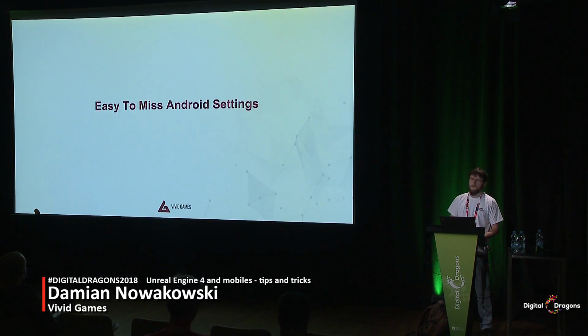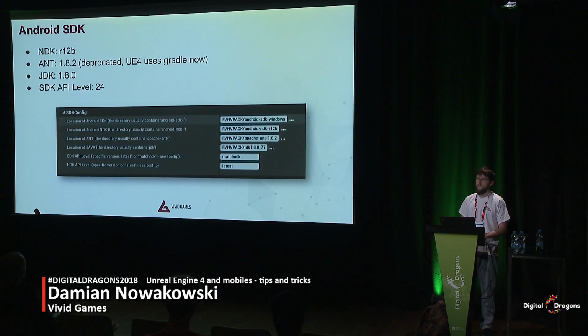First of all, when you are starting your adventure with Unreal Engine 4 and you want to make a game on mobile, especially for Android, you have to know that you must have very specific versions of the Android SDK and NDK. Without these versions, the engine will probably not work.